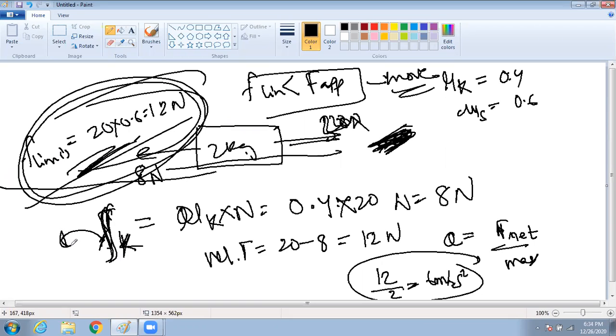Either your Fk will act or your Fs will act. Both cannot coexist together. F limiting will decide whether the body will move or not. If the body is moving, then F limiting is gone. That's all. Clear?